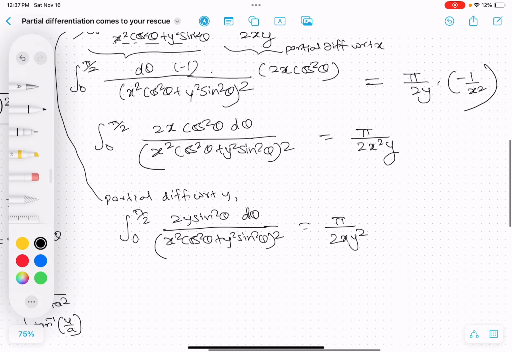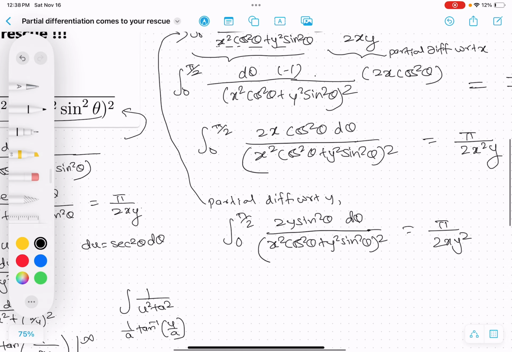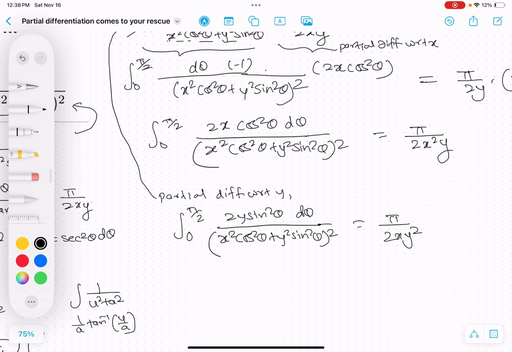Now how do I use these two results to find our original integral? Since this 2x is just a constant in this integral, I can take the 2x outside, right? Over here, I can also take the 2y outside. Now from here, I can also take the 2x to the denominator on the other side.